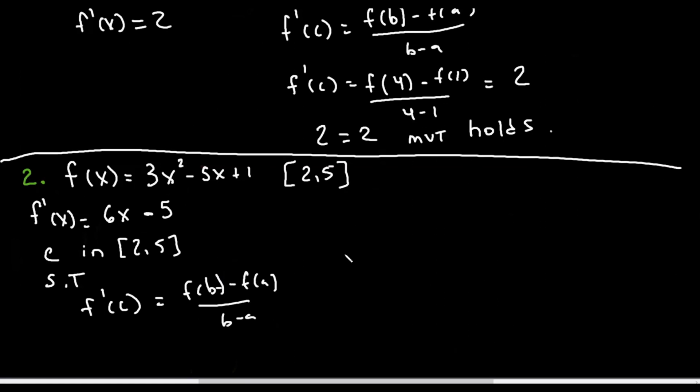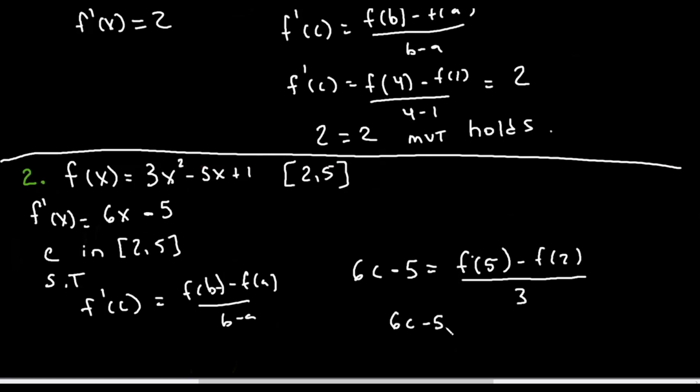So f prime of c is basically plugging in c for all x's, and f of b minus f of a, f of 5 minus f of 2 all over 5 minus 2, which is 3. So we get 6c minus 5 is equal to 16.